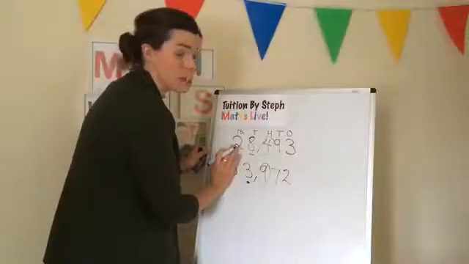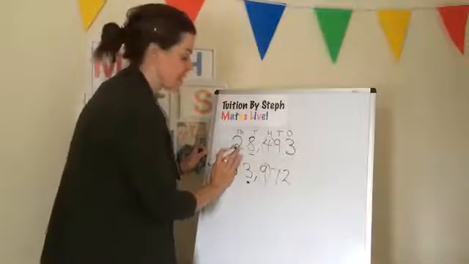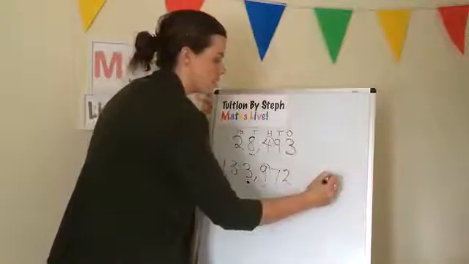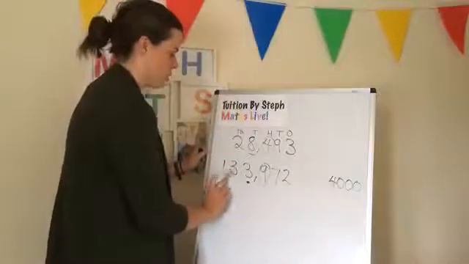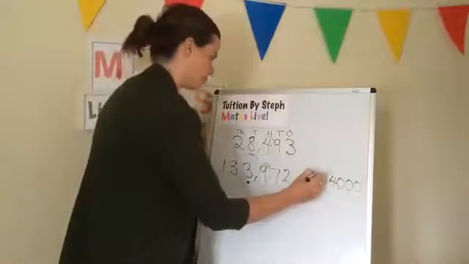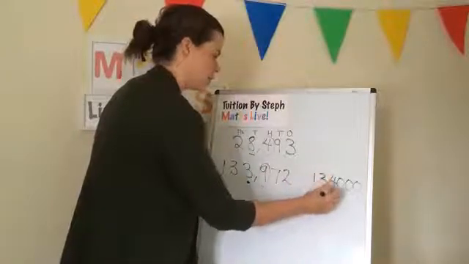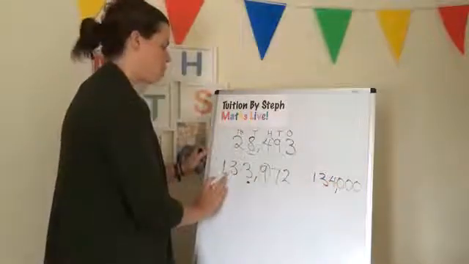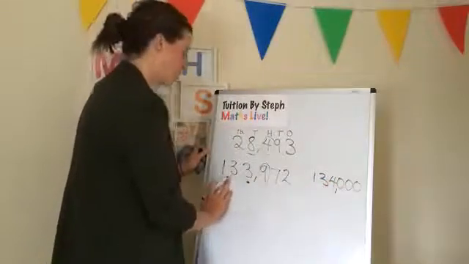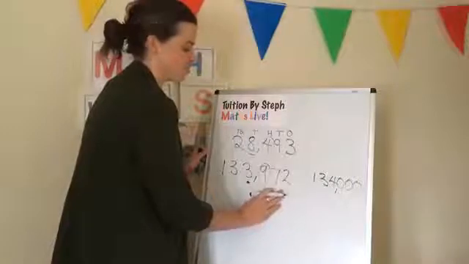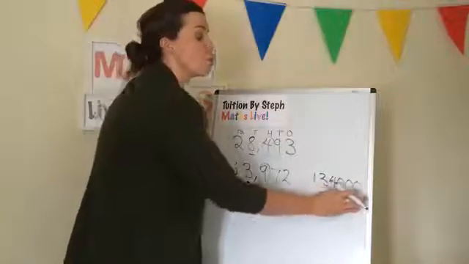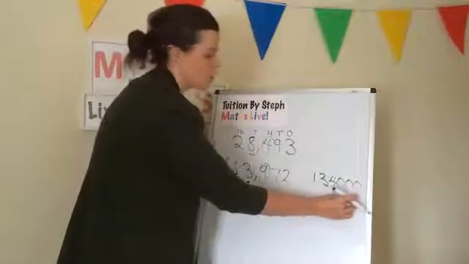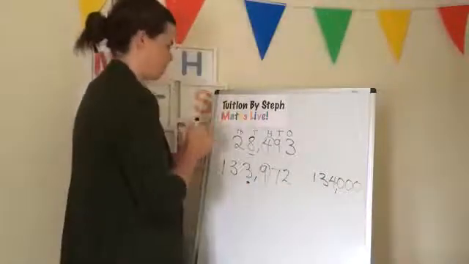The 9 tells us we need to round up to the next thousand. So rather than it being 3,000, we need to go to 4,000. And what are the digits in front of it? So 133,972 to the nearest thousand is 134,000. There's no hundreds, no tens, no ones after it.